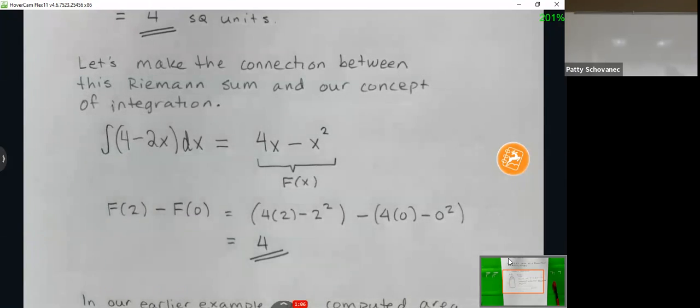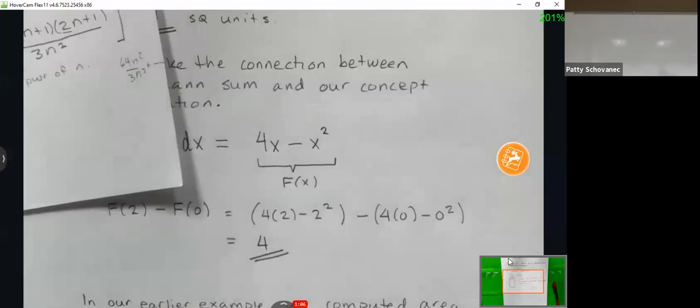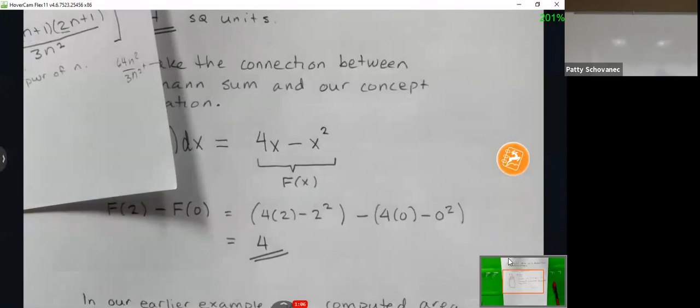Let me dig back to our answer. And we got 40 divided by 3 square units.